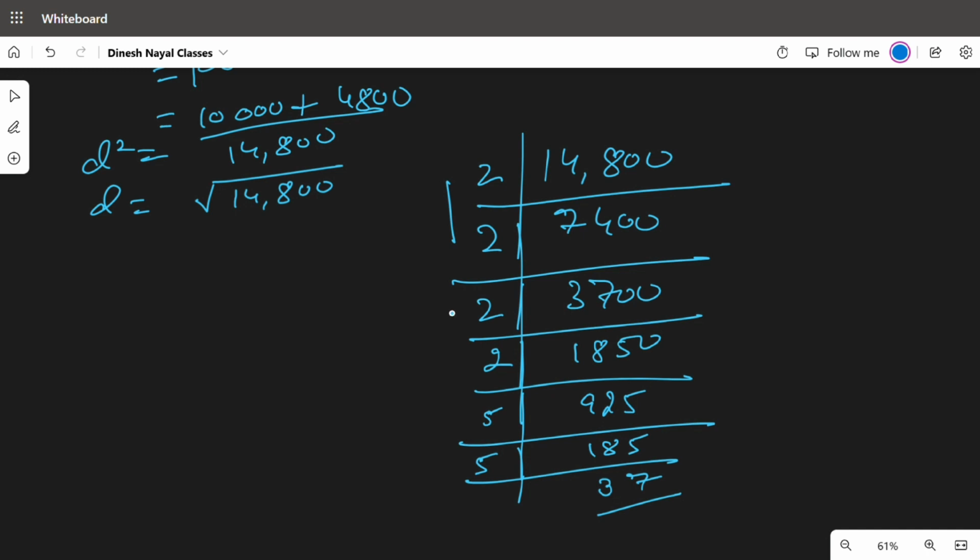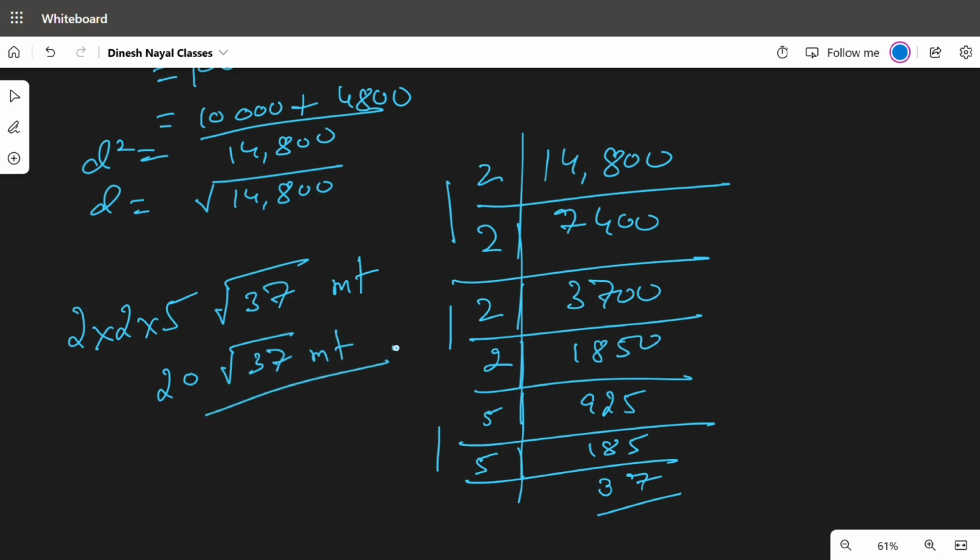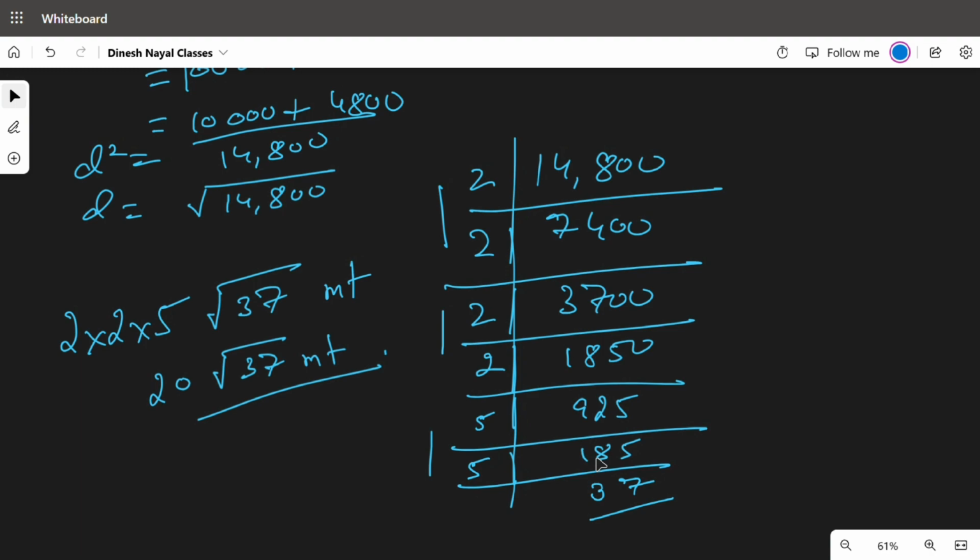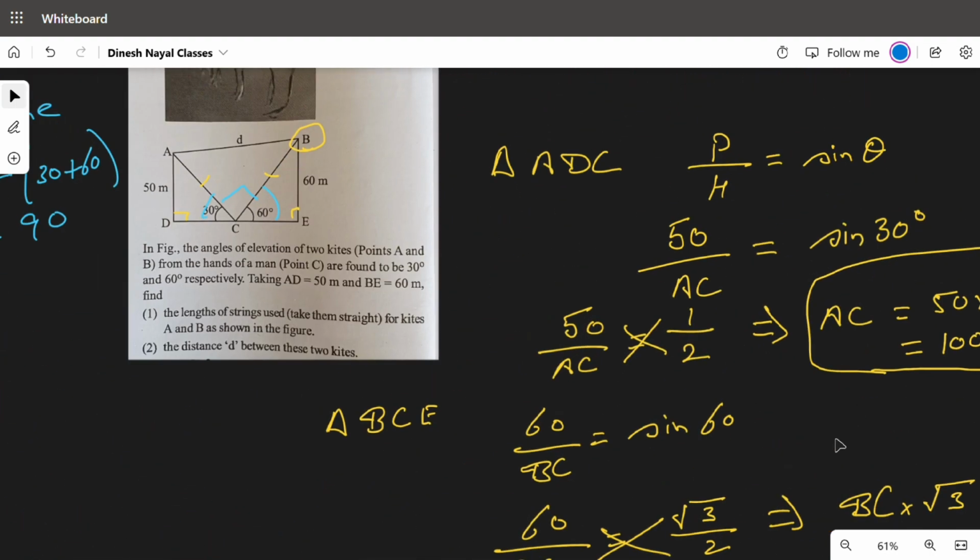This 2 will make one pair, and this 5 another. So this will be 2 into 5 root 37 meter will be the distance. So 2 2s are 4, 4 5s are 20, 20 root 37 meter. Now this is the distance between the two kites. And the answer for 2 is 20 root 37, the distance between the two kites.